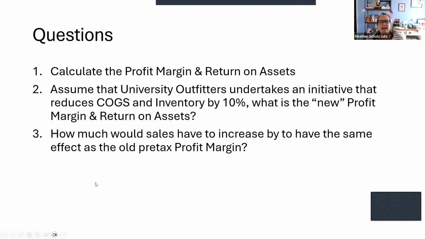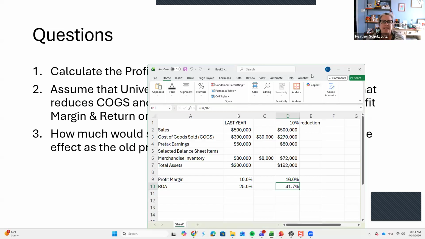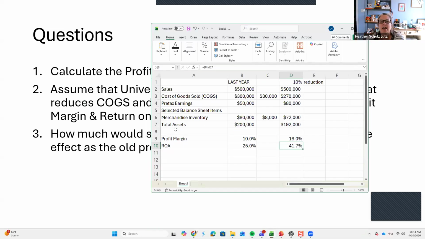The last one is how much would sales have to increase by to have the same effect as that old pre-tax profit margin? In this case, our old pre-tax profit margin was 10%. So to get that profit leverage effect, we saved $30,000, or that's how much our profits went up.